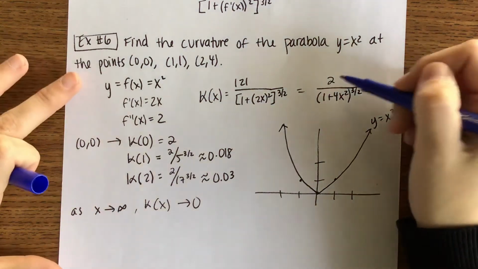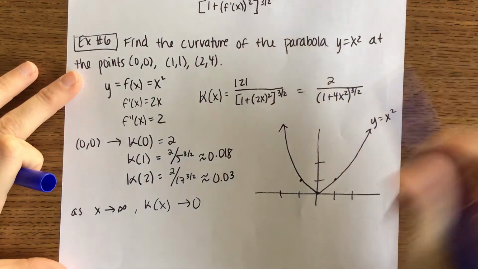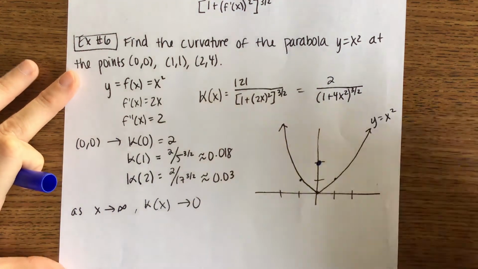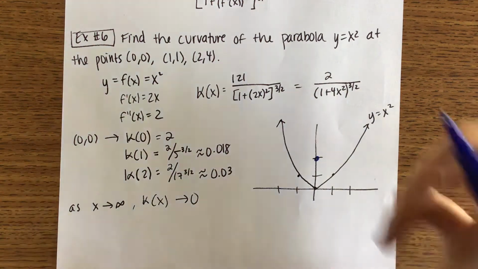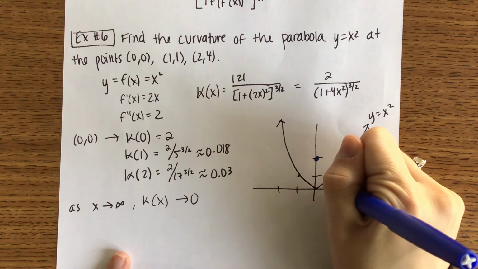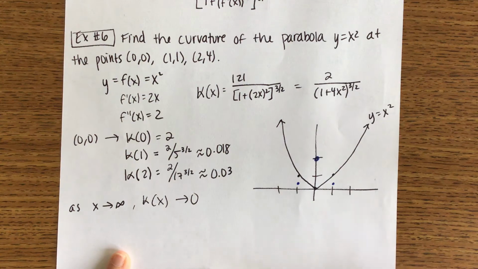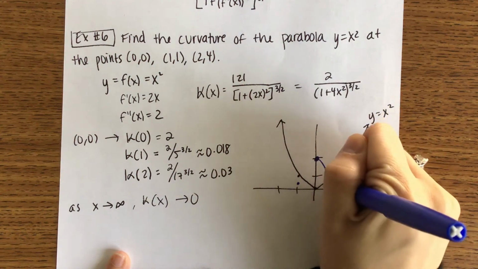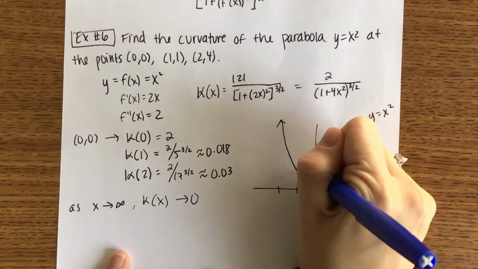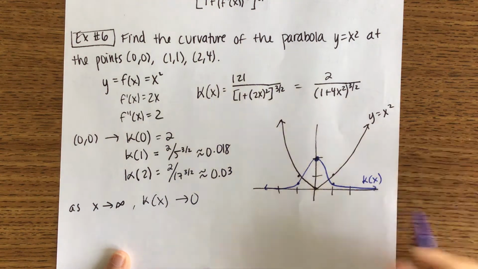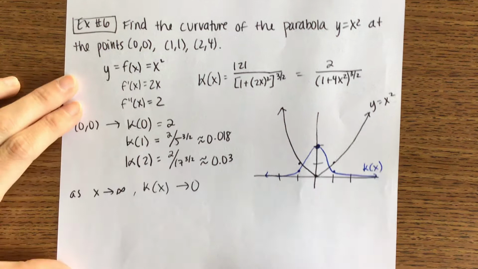Now if we want to plot this curvature function, when x is 0, we get a curvature of 2, so that's up here. When x is 1, we get a curvature of 0.018, so something really small like that. This ends up being what the curvature function looks like, except not actually hitting 0. It should just be approaching 0.